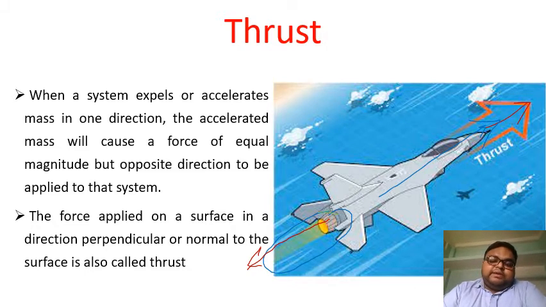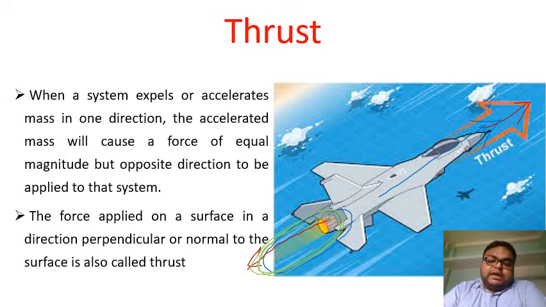Whatever is ejected from the back end of this aircraft, we call it thrust. So we can say that whenever something expels or accelerates a mass in one direction, the accelerated mass will cause a force of equal magnitude but opposite direction to be applied to that system, right?